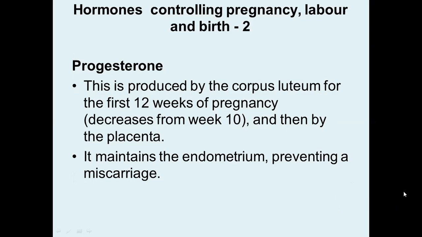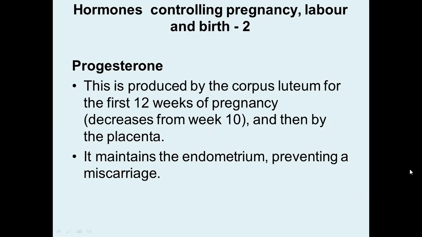Right, so hormones controlling pregnancy, labor, and birth, and this is the second part of that. So progesterone is produced by the corpus luteum for the first 12 weeks of pregnancy. So it starts to decrease from week 10, remember, because the corpus luteum starts to deteriorate around about week 10.